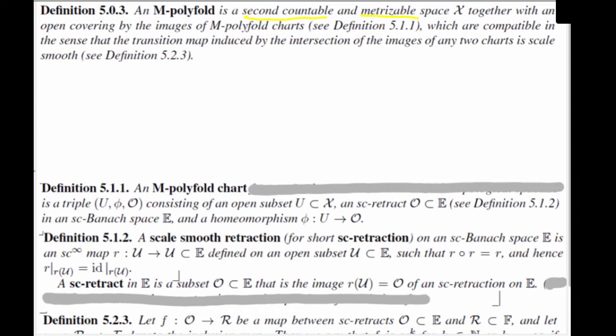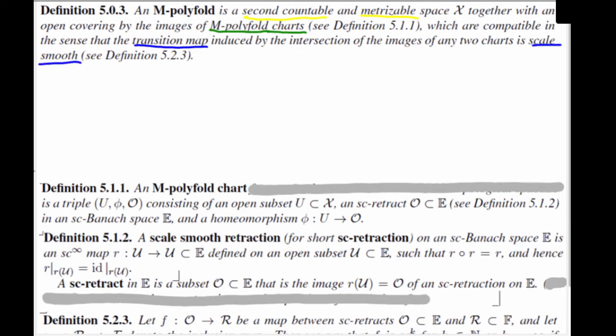Right, and well, you need charts. So we need to say what the charts are. And you also need the transition maps to be smooth in some sense, and that notion will be some kind of scale smoothness.